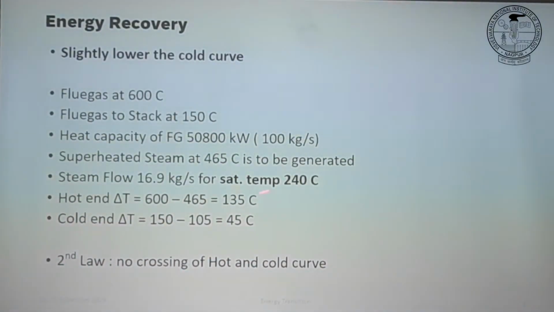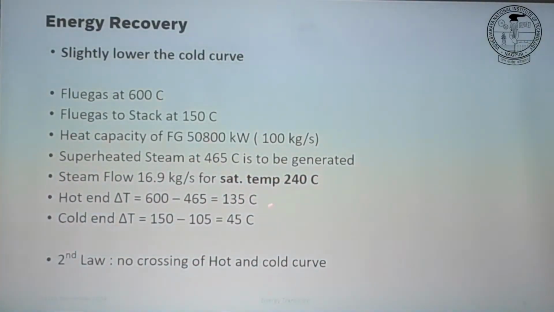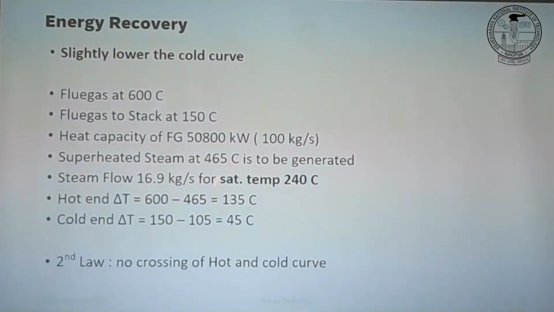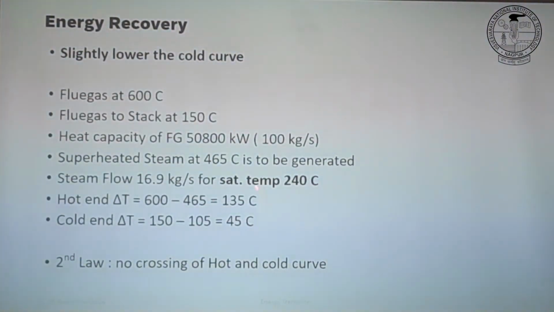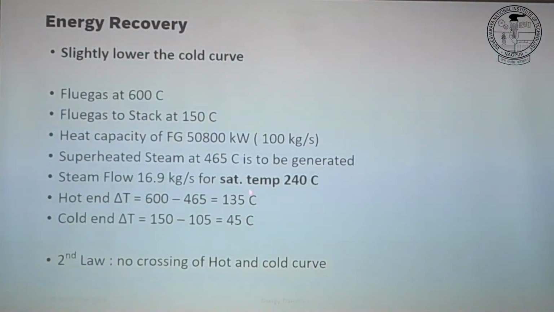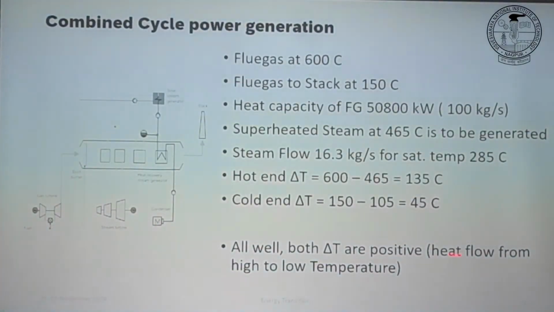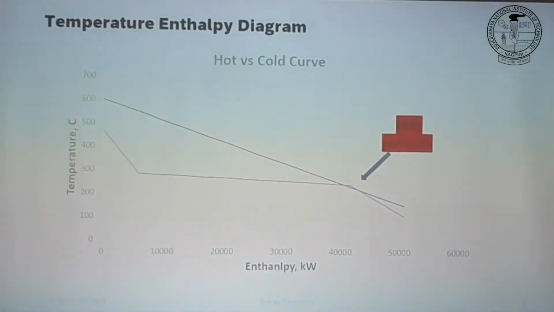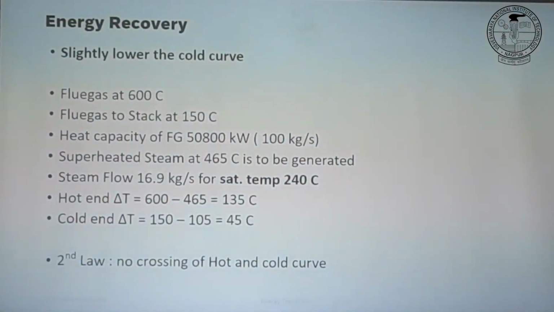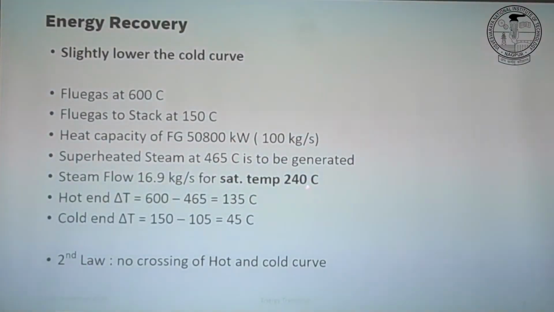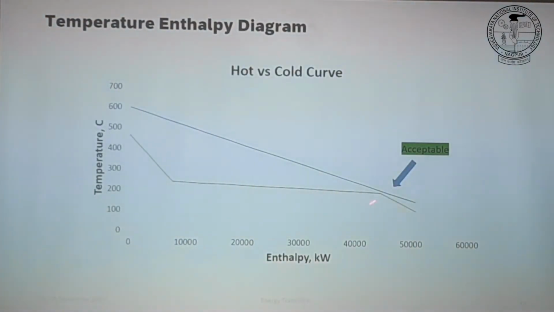And now we say instead of 285, we generate steam at pressure 35 bar, 38 bar, which corresponds to 240 degree. So once again, it's the same thing what we saw in the previous case, 135, 45. Still 135, 45. But what we did with this, we avoided the temperature cross.